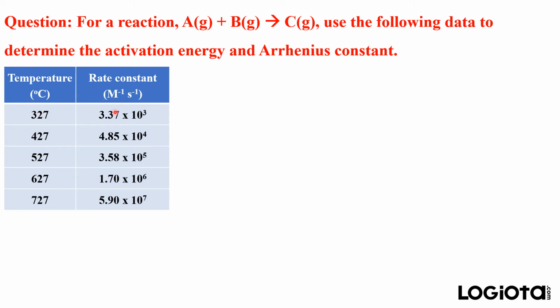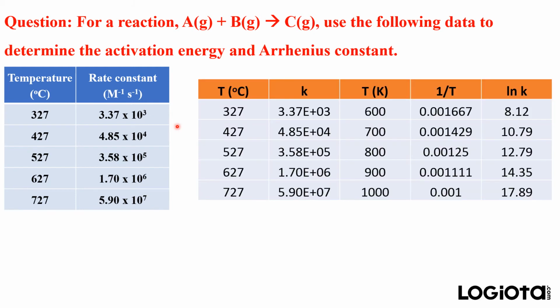The temperature is in degrees Celsius and the rate constant is in per mole per second. For the graph, we need 1 over T and ln of k, right? So we will do that.